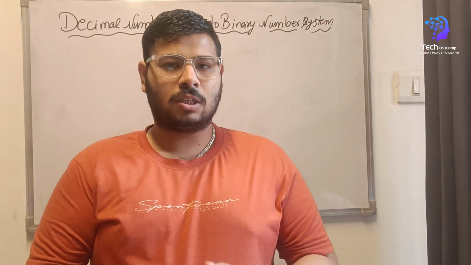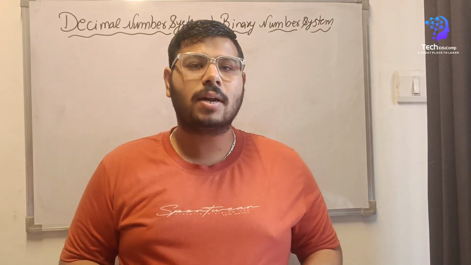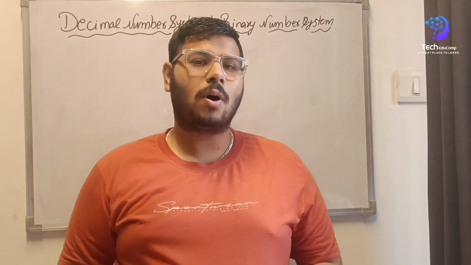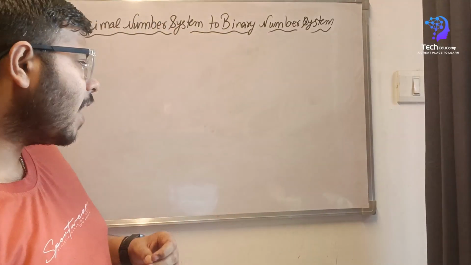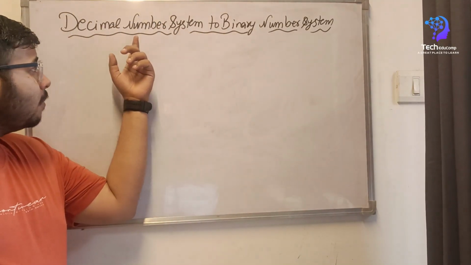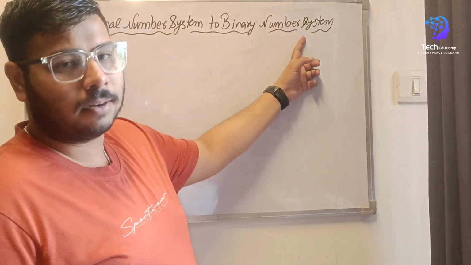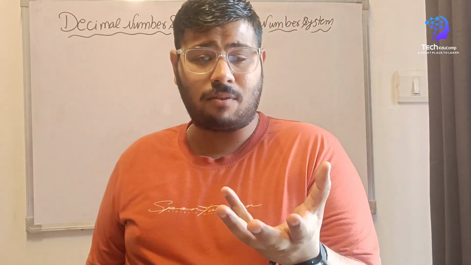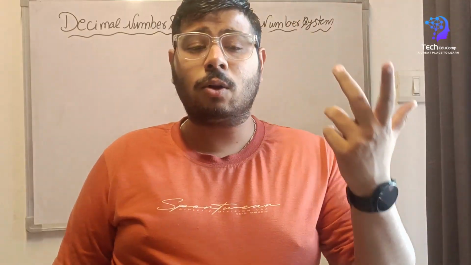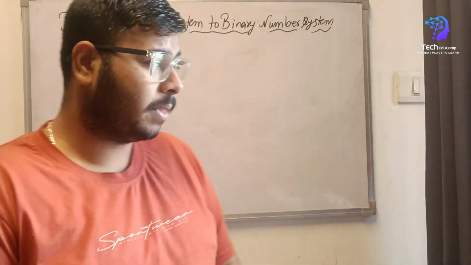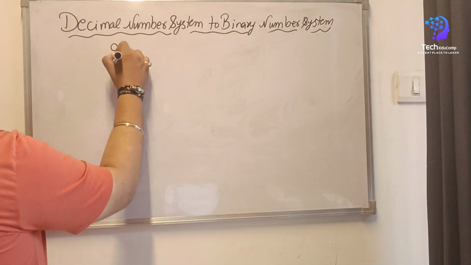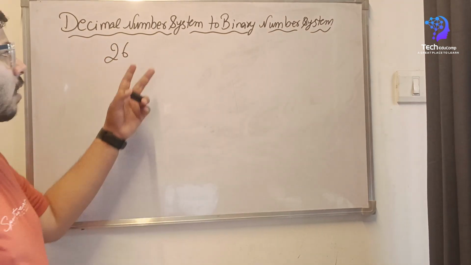Now let us see how we can convert a decimal number into other number systems. First, we take decimal to binary. But if I have a number, how can I recognize that it is a decimal number? Suppose I have the number 26 and I have to convert it into binary.